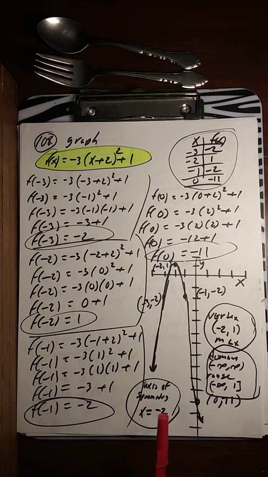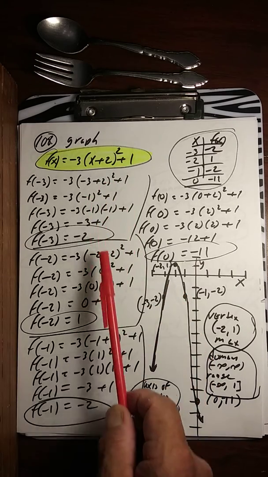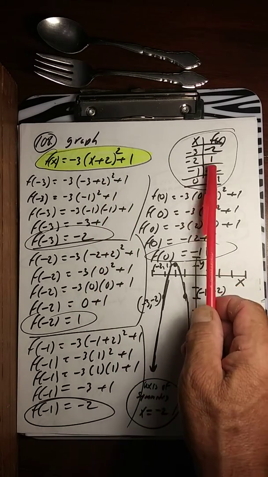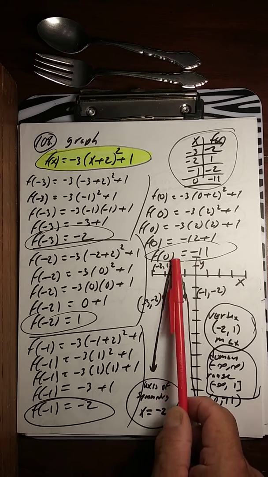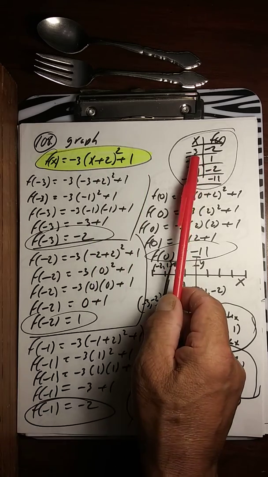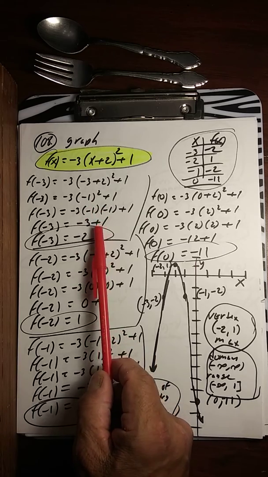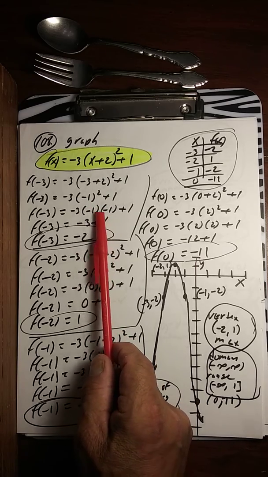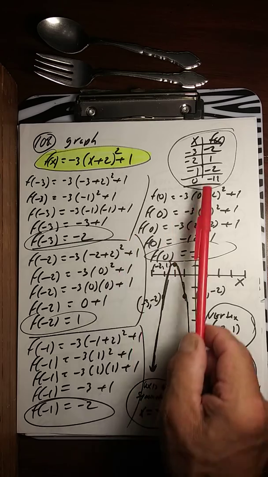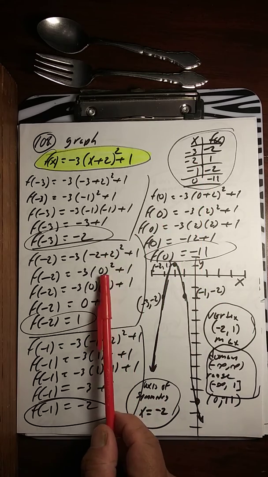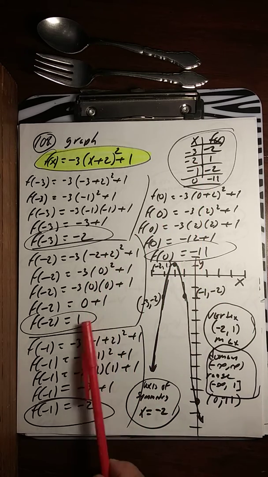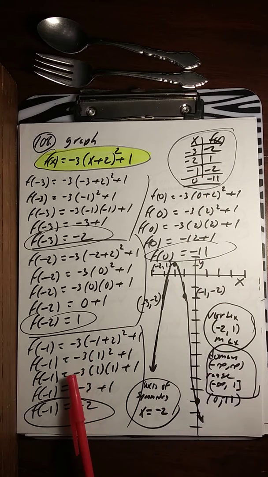This one, you can put these numbers in here. We're going to get points, and then we can graph them. Again, try numbers like negative 3 in there. Negative 3 in, that's going to be negative 1. Negative 1 squared is 1, that's going to be 1 times that, negative 3. That's going to be negative 2. Put negative 2 in there, it's going to be 0. 0 times that is 0, plus 1 is 1. Put another number in there, negative 1.